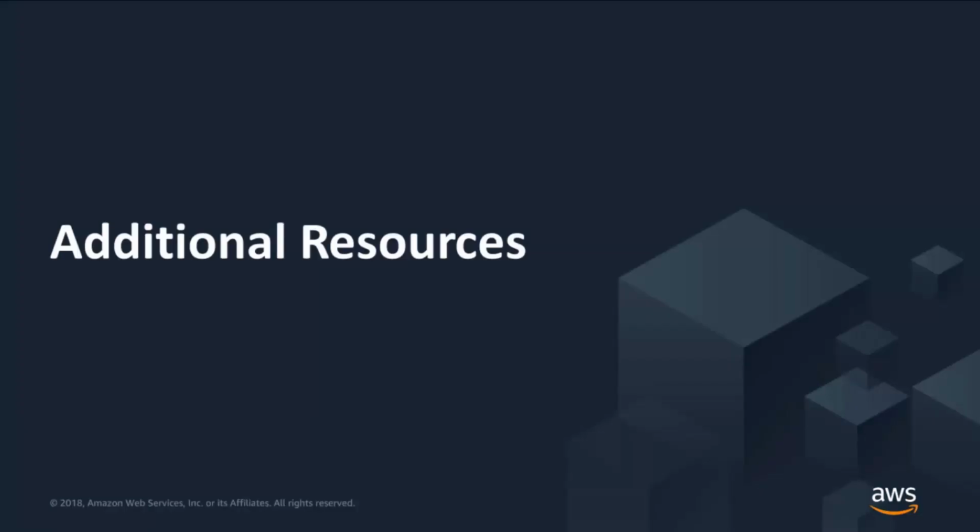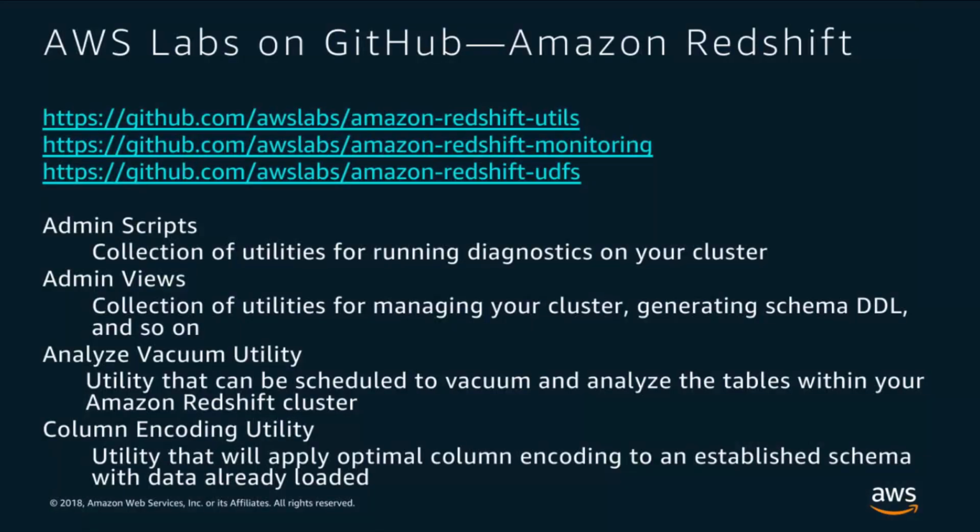So just to quickly go over the additional resources, the whole webinar has been littered with these GitHub links. We have the Amazon Redshift utilities. That's where most of these links are. A lot of great resources there. Like I said, the vacuum utility is very valuable.